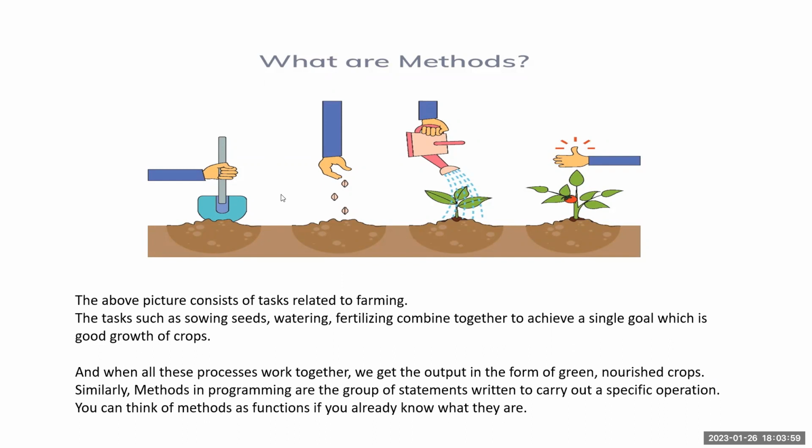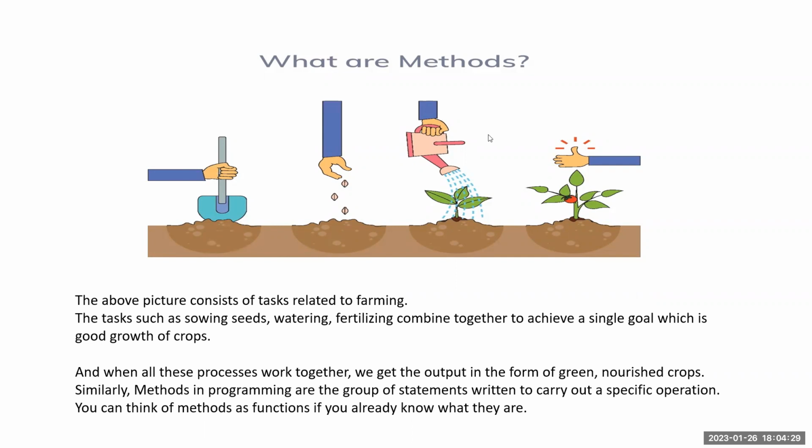So methods, functions, whatever you heard, are all the same. Right now, when I say method, it is also a function which does something. Hope you understand why these methods have different steps over here, but each contains various operations.